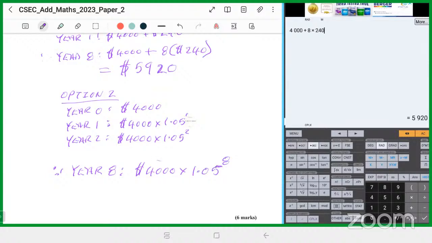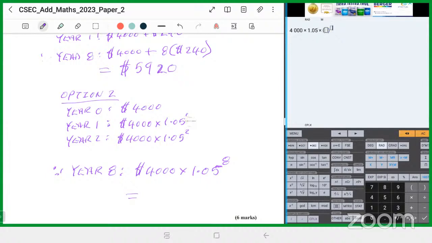I mean, that would have multiplied this by 1.05 8 times. So we're going to work out what that is. It's going to be 4,000 times 1.05 raised to the power 8.